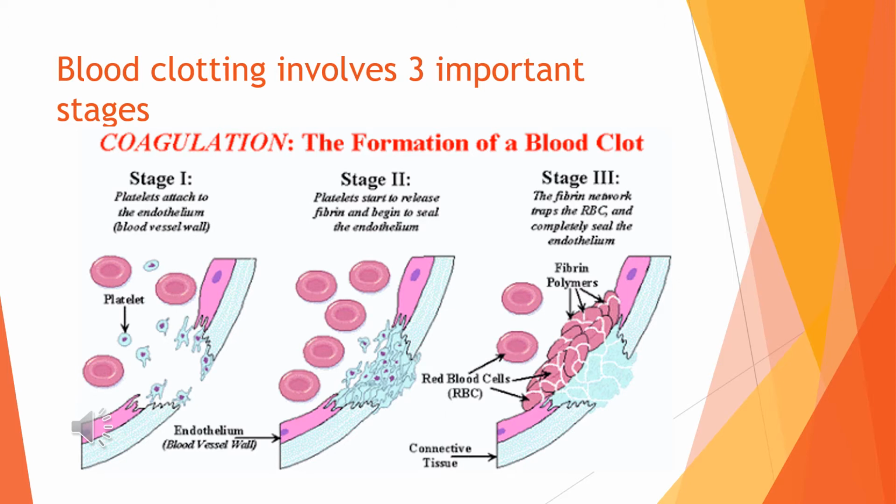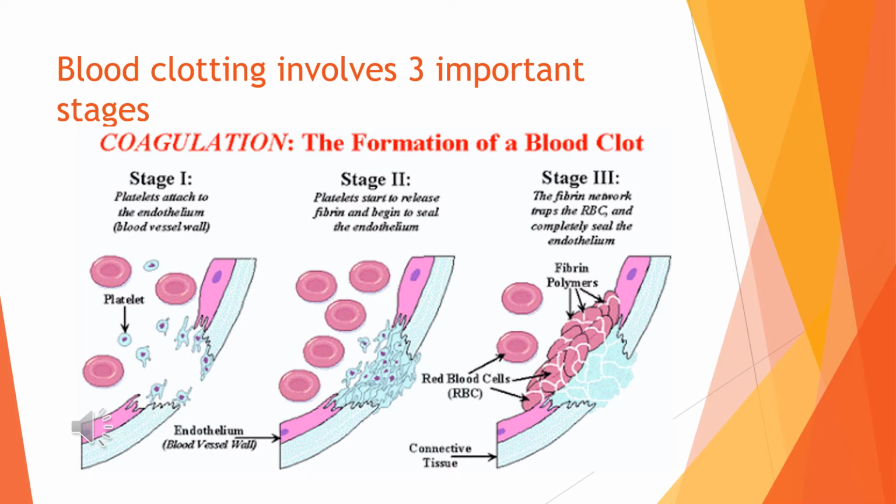And the third stage is that fibrin will try to make a network. As you can see in the image, a network forms and that will trap WBCs, and this leads to the formation of clot. So these are the 3 important stages of clotting.